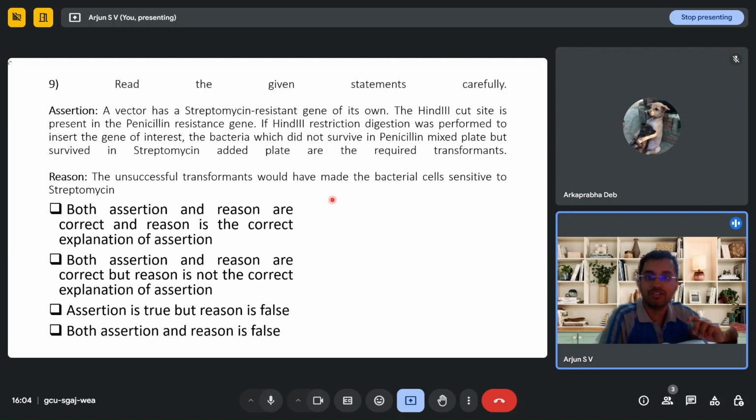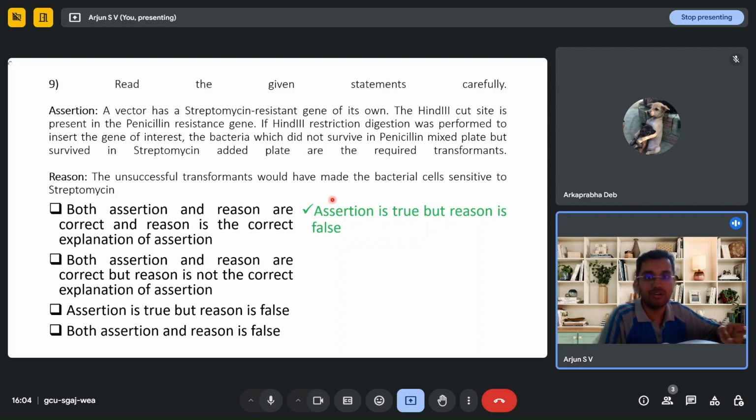So, which one of these is correct? This is also a pretty straightforward question. If the gene is resistant to streptomycin, the transformants couldn't have been sensitive to streptomycin. On the contrary, they would have been resistant to streptomycin.